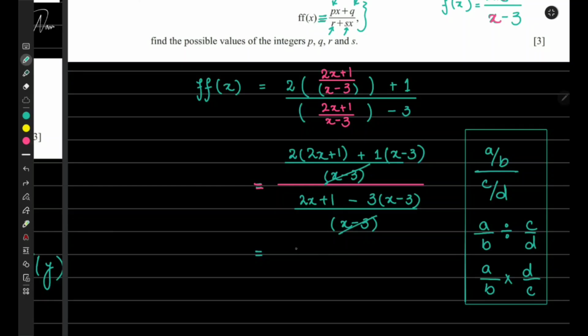Now because it will be easier for us to simplify it further, I am now simplifying it. 2 times 2x is 4x plus 2 plus x minus 3, over 2x plus 1 minus 3x plus 9.